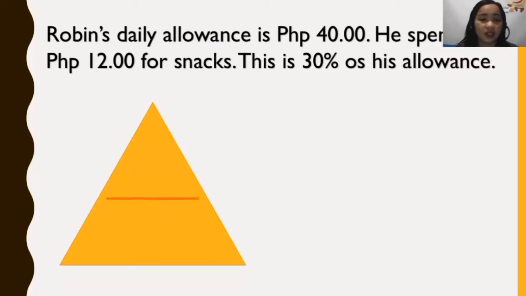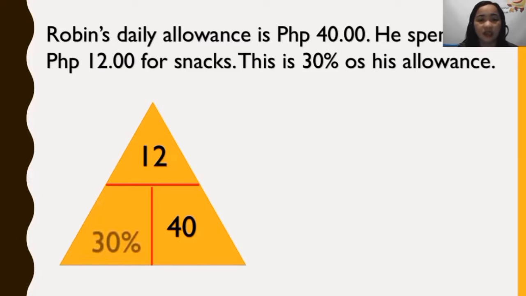a triangle. And this triangle is what we call the Tekans triangle. So, we have the given 40 pesos. So, ito yung allowance niya. 12 pesos. This is what he spends for snacks, pang merienda niya. And what part of his allowance it is 30%.